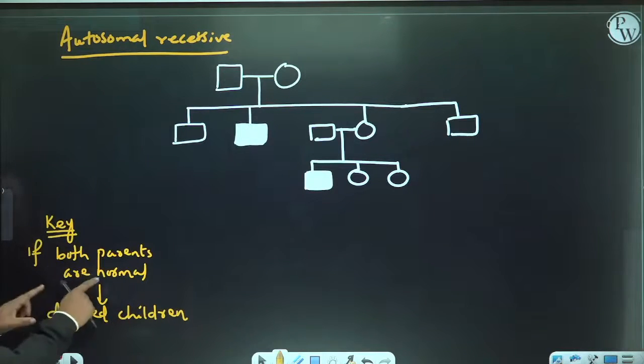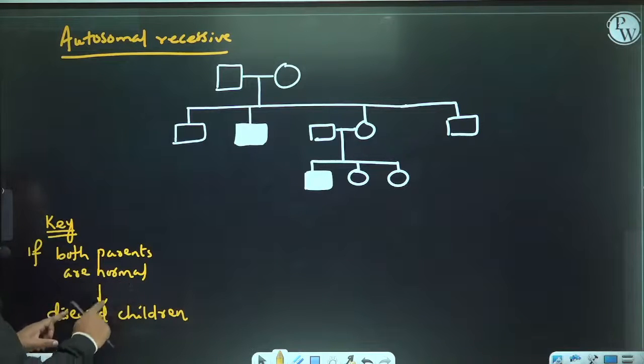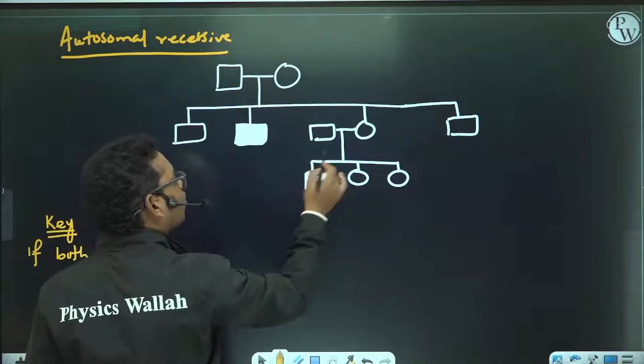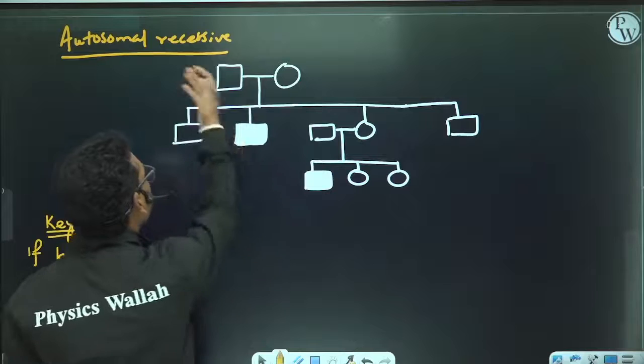But if both parents are normal and they have diseased children, then that will be autosomal recessive. You can see normal but diseased, normal but diseased, so autosomal recessive.